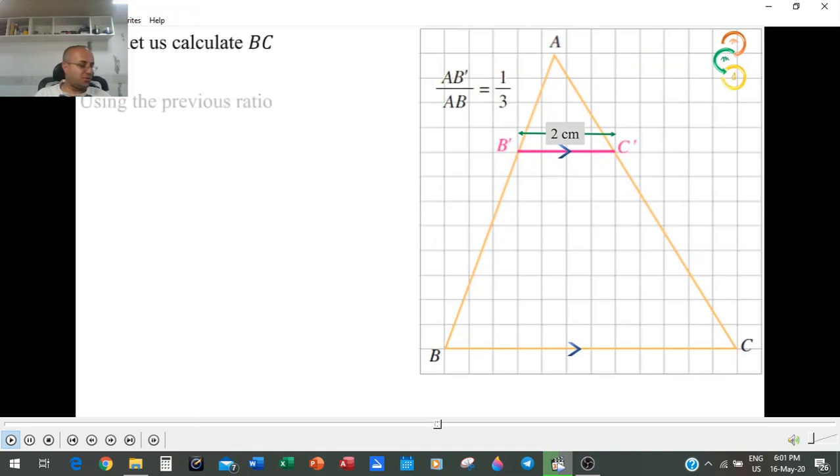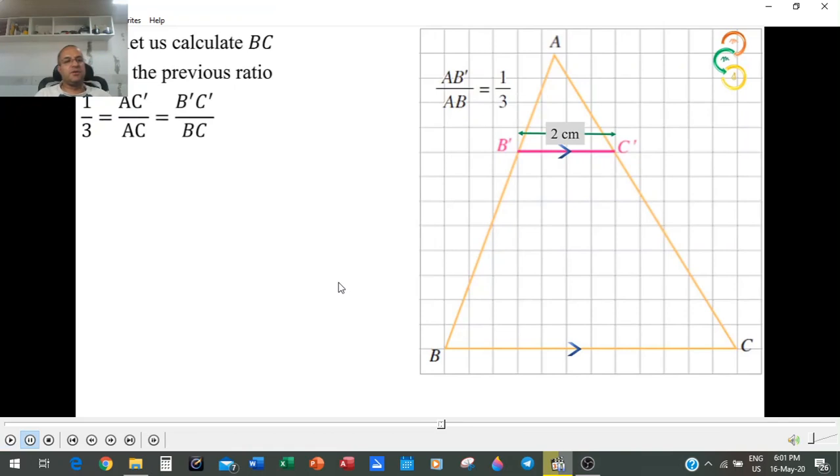Now it is required to calculate BC. Using the previous ratios, we have AB prime over AB, as it is given, 1 over 3, equal to AC prime over AC equal to B prime C prime over BC, which is Thales theorem. Now we are going to calculate BC. We have B prime C prime equal to 2.